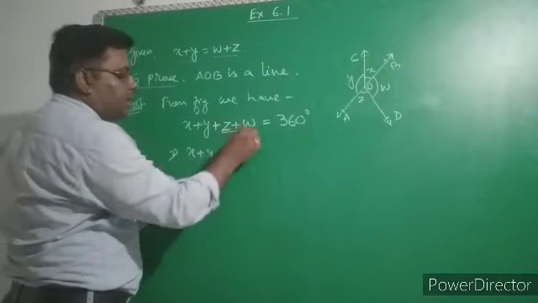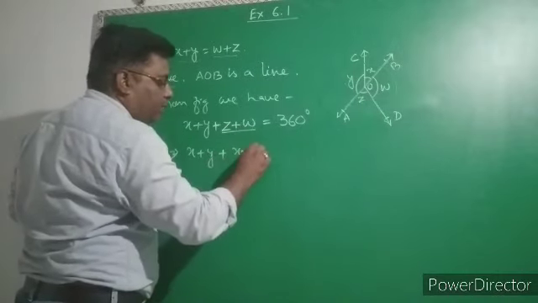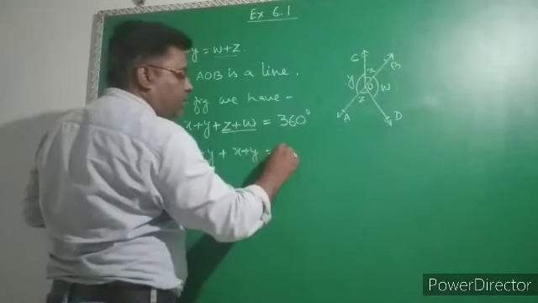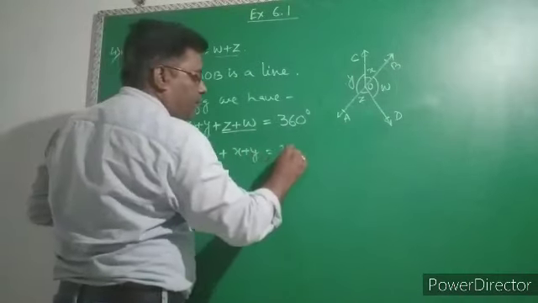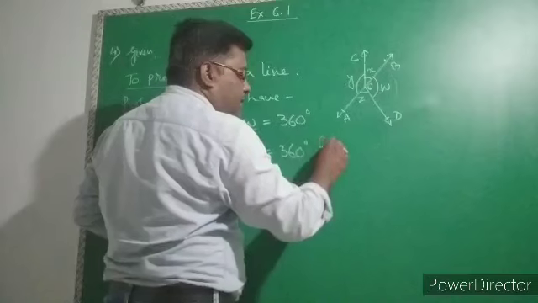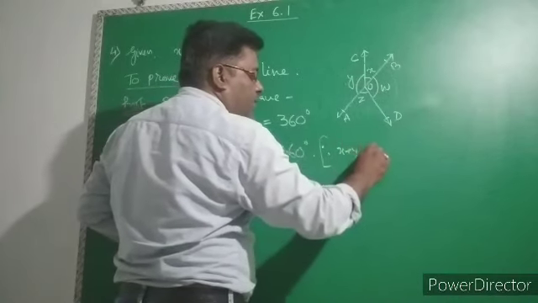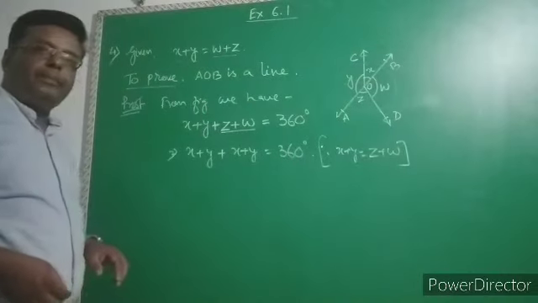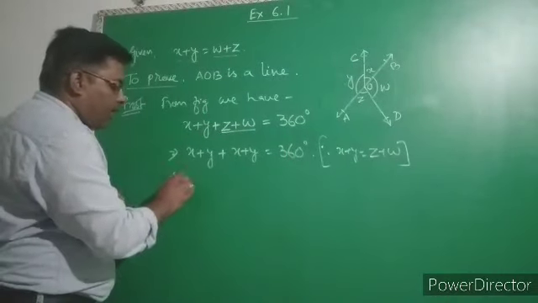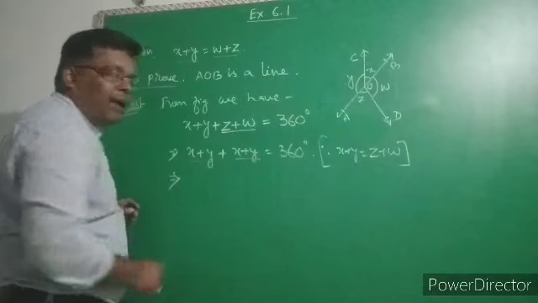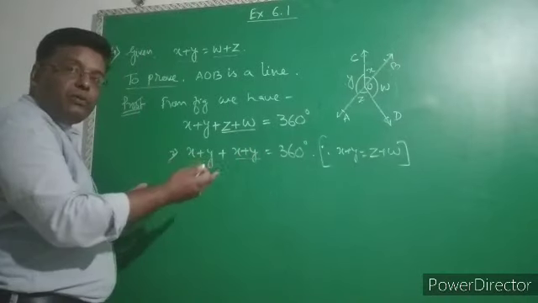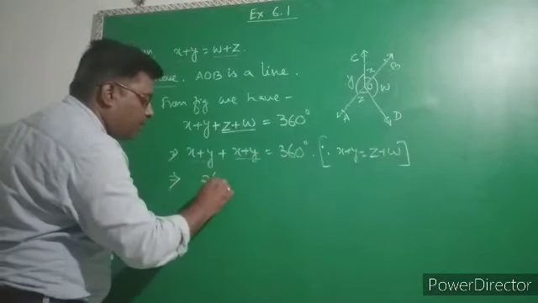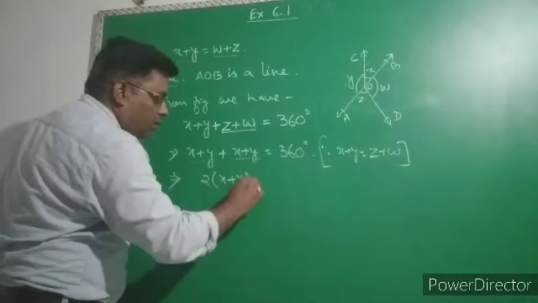So in place of this Z plus W, we can put X plus Y again, is equal to 360 degree. You can write, since X plus Y equal to Z plus W or W plus Z is the same. Now this implies X plus Y plus X plus Y, that is twice X plus twice Y, so you can write twice of X plus Y.